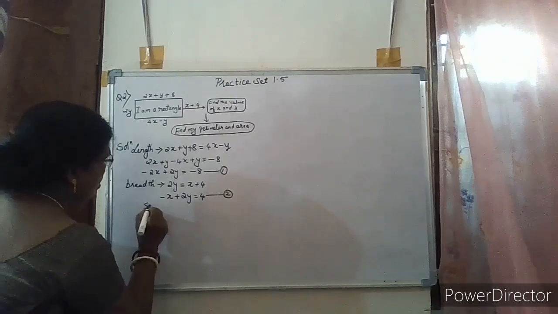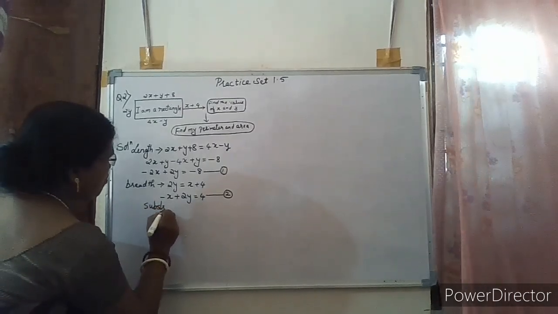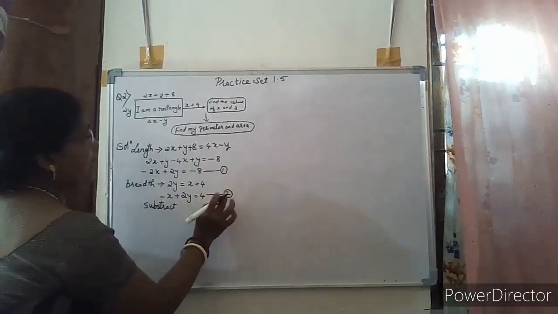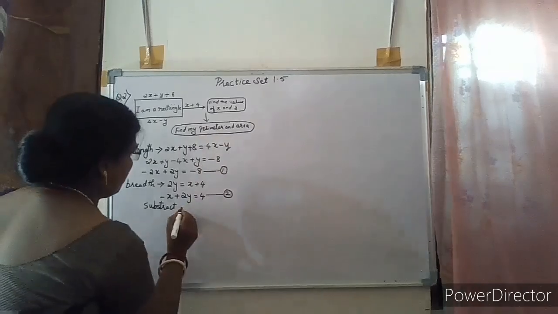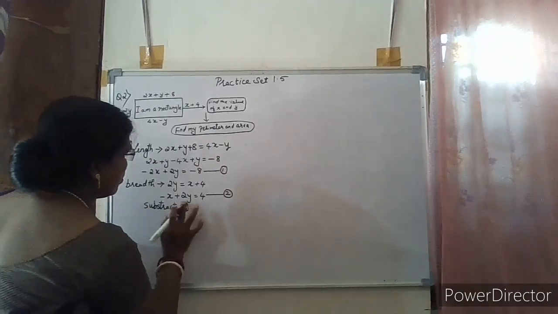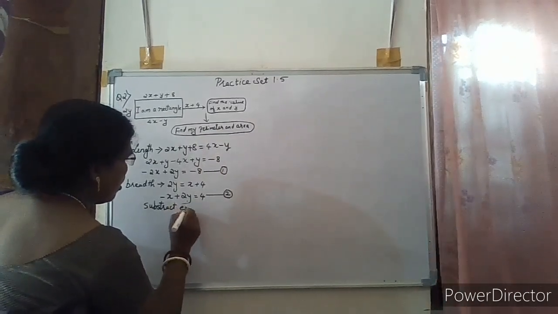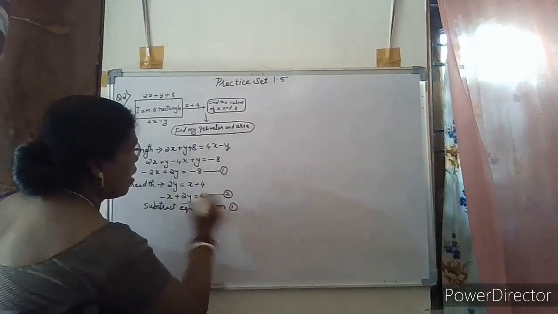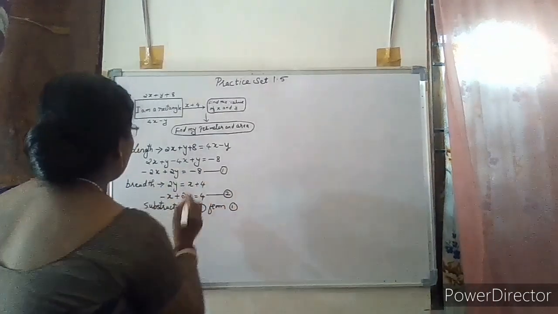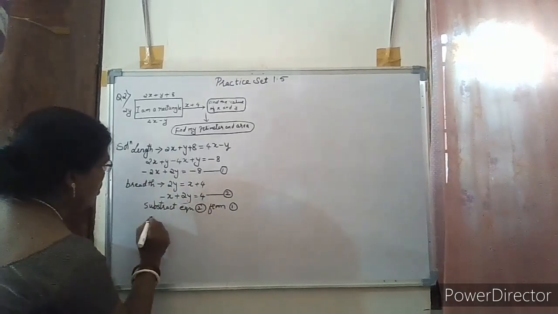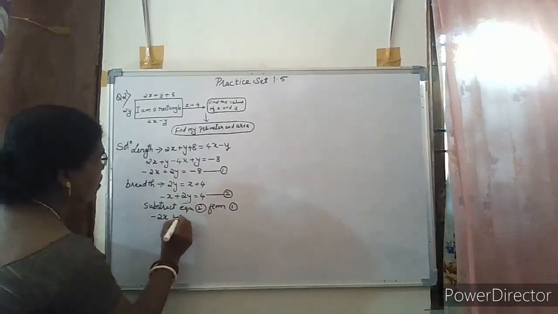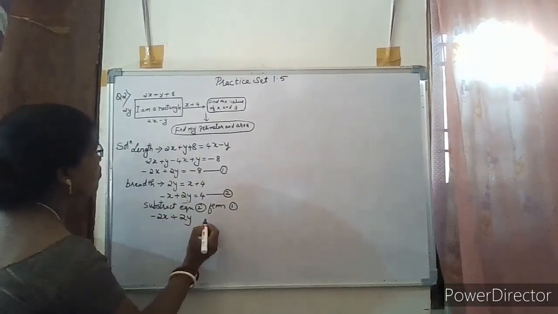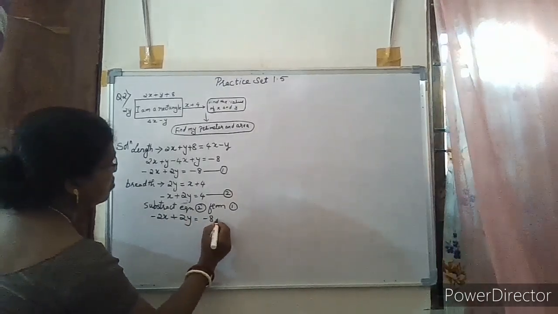So now we subtract equation 2 from equation 1. So write equation 1 first: minus 2x plus 2y is equal to minus 8.